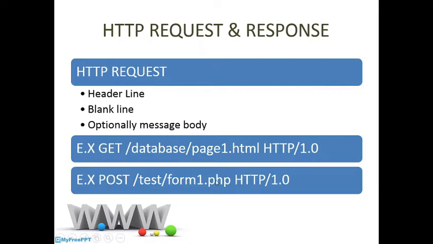Then after that we have specified the path of the resource, that is form1.php, and in the third part we have specified the version of the HTTP protocol, that is 1.0. This is the format of an HTTP request.